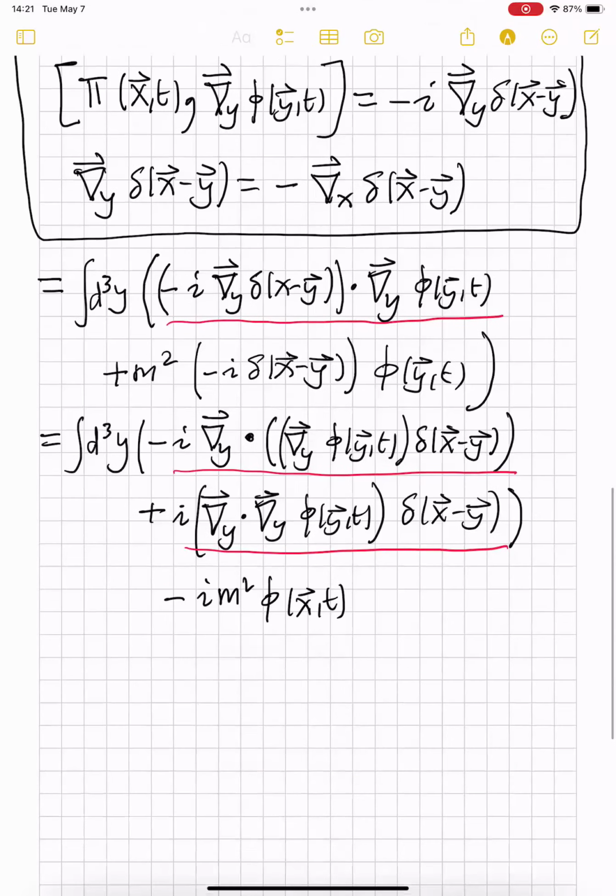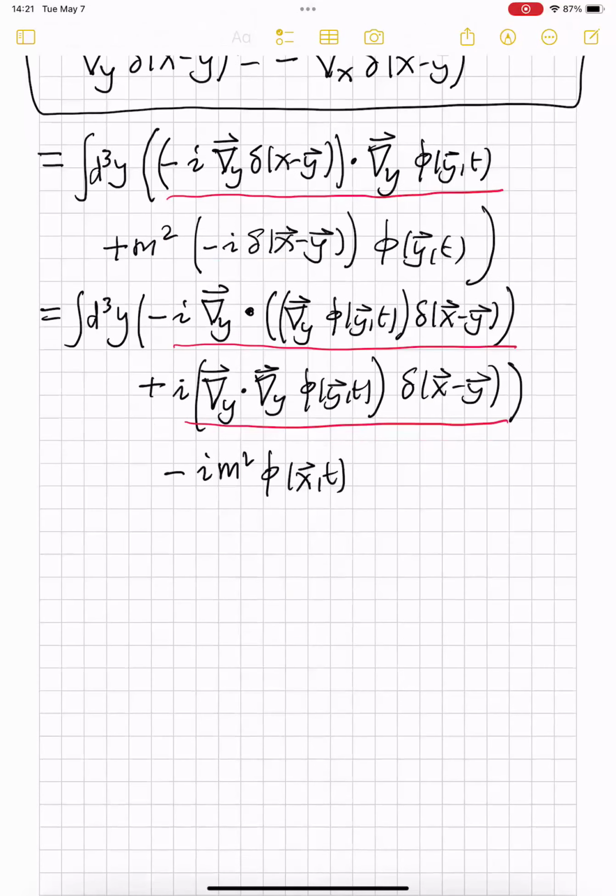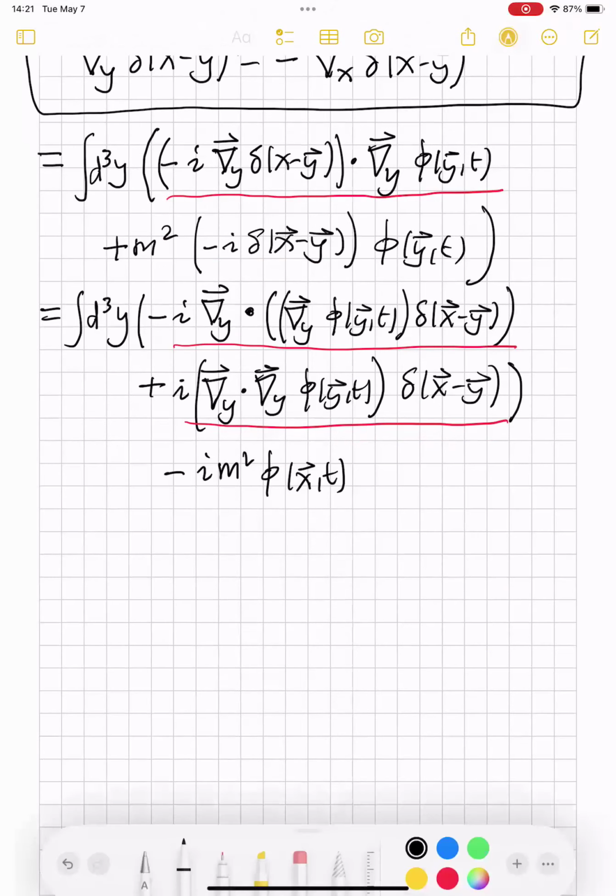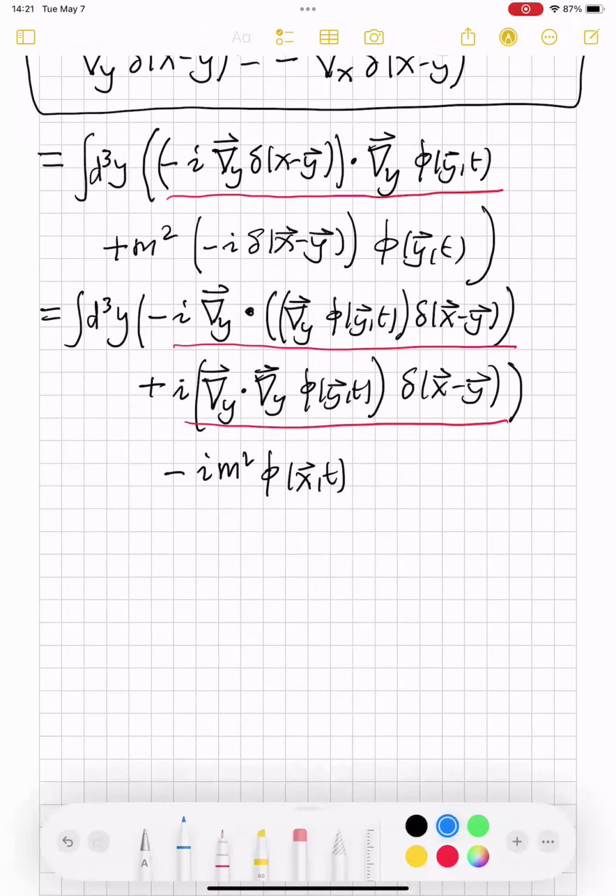Now, what did we gain by doing this manipulation? Well, if you take a look at this term sitting over here, this term over here is the divergence. It's a total divergence of something. So that means that this term is a boundary term. So you should be getting very used to neglecting boundary terms by now.